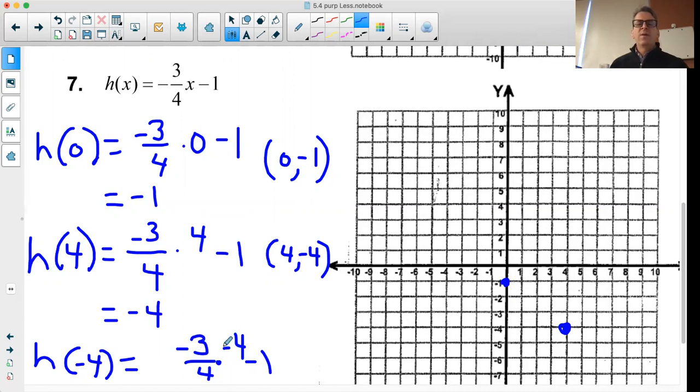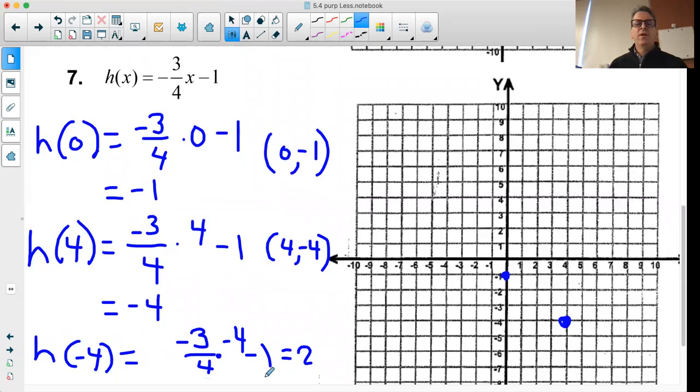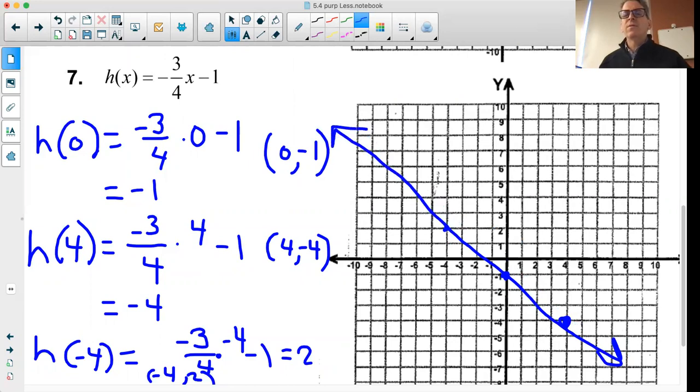Positive 3 minus 1 equals a positive 2. So our pair there would be (negative 4, 2). So I'll plot that one. 1, 2, 3, 4, up 2. So you can see the line form nicely on those 3 dots. We'll connect them up and extend them through. Put our little arrows at the end, showing that we have more solutions than just those.